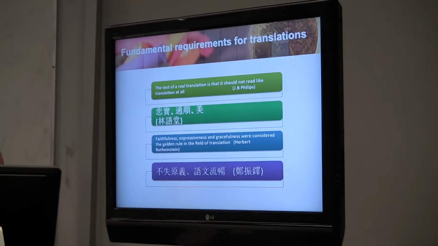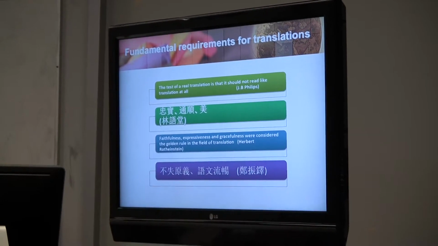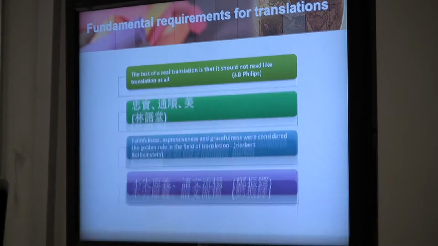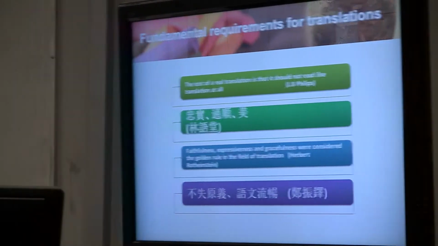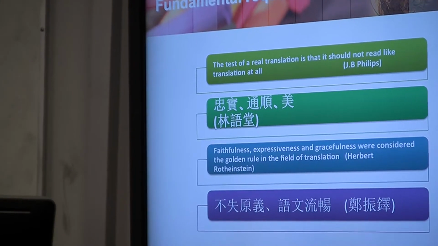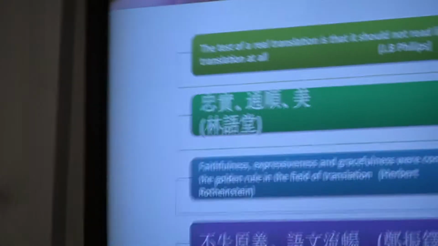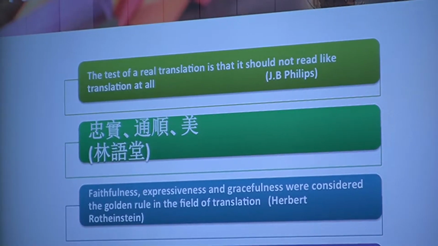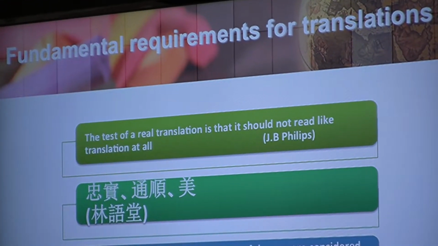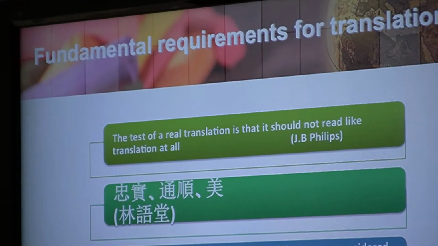Okay, so as a translator, what are the fundamental requirements for translation? There are some scholars, some of them from China, some from other parts of the world, and since they are all linguists, they have different opinions on the fundamental requirements for translation.